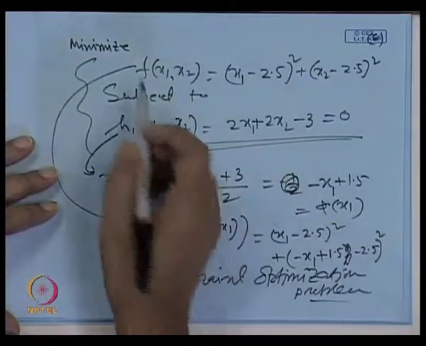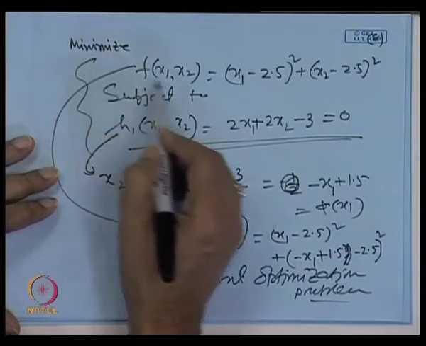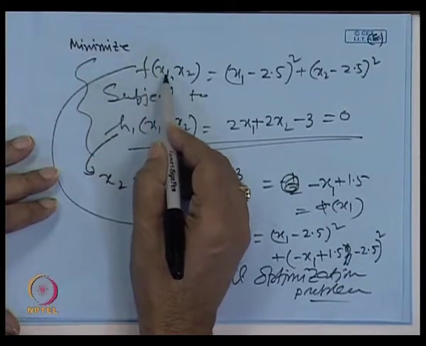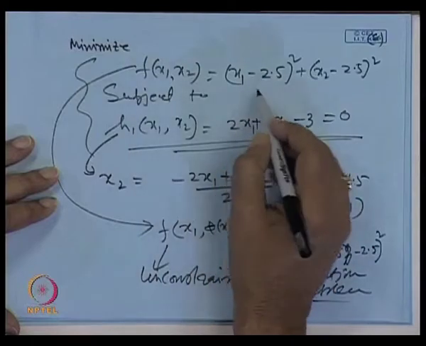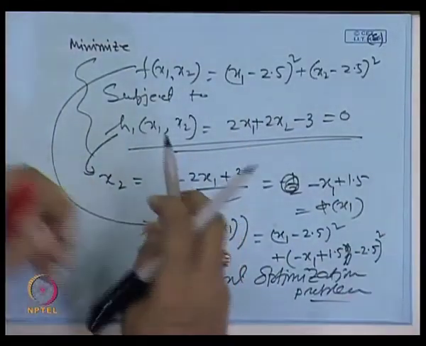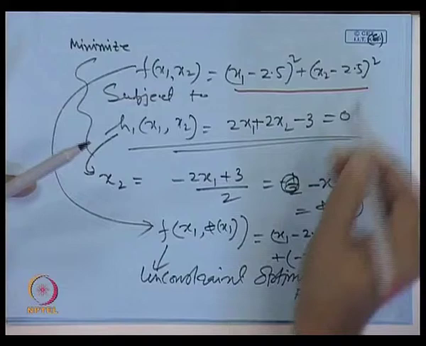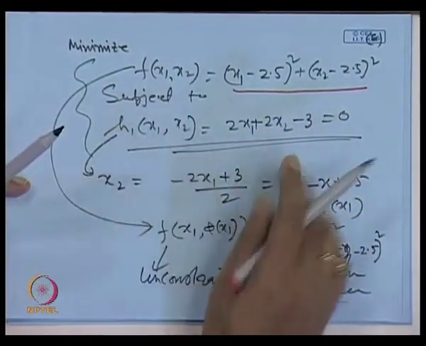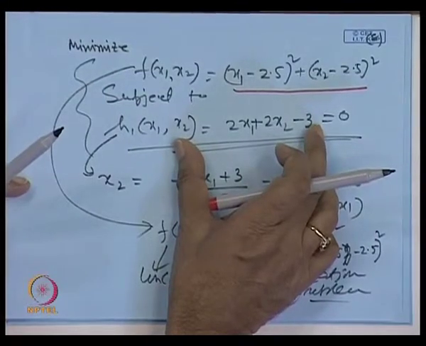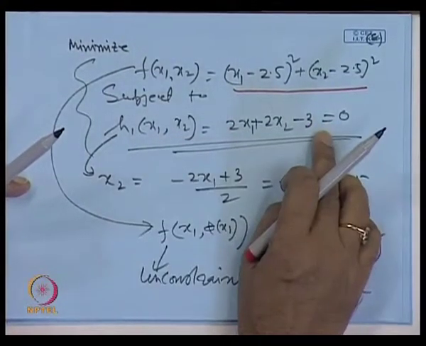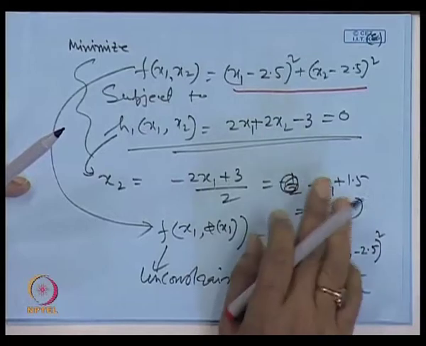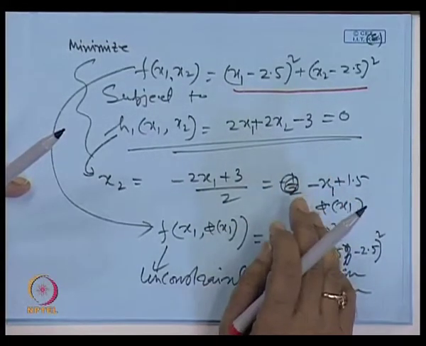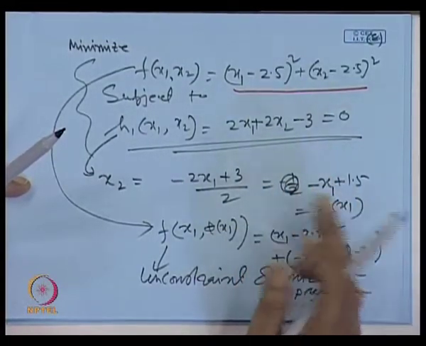One method is the elimination method, which we discussed last class. Suppose we have to minimize this function f, which is a function of x 1 and x 2, and it is given by this expression. It is a quadratic form subject to an equality constraint. Here we have considered only one equality constraint, so we eliminate the variable.